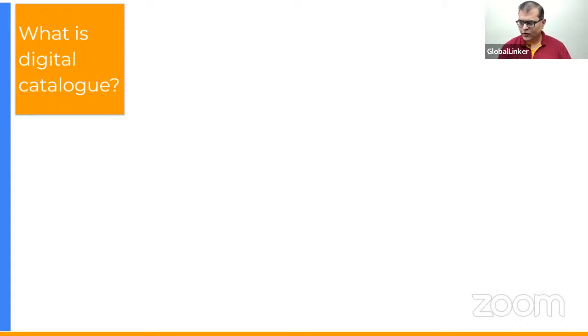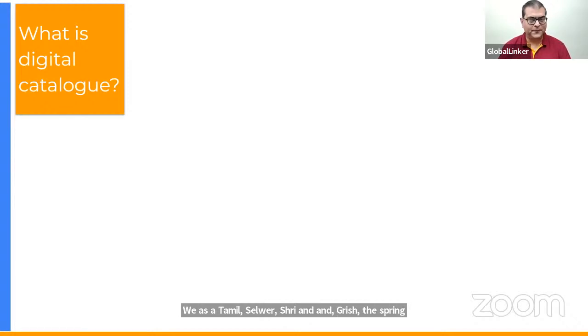So, online listing, details of our product and services. B.S. Tamil Selva Srinivasan and Girish: displaying of company and products. Mahi Sharma gave a brief company. Yes, so many of you are absolutely correct in your understanding.